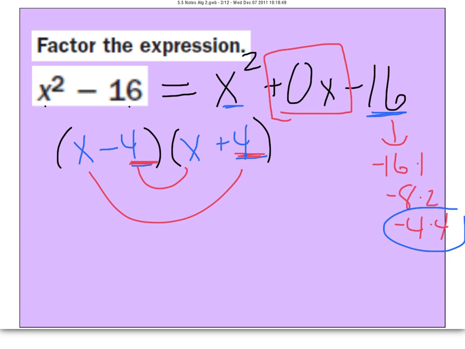So negative 4 times x is negative 4x, and positive 4 times x is 4x. Those two add to 0x, which gets us the middle term. And the special pattern here is this is called a perfect squared binomial because the numbers are the coefficients on the terms.